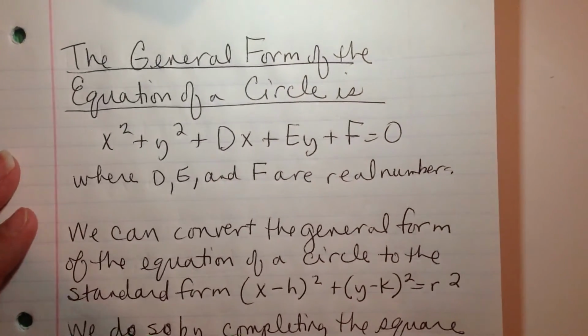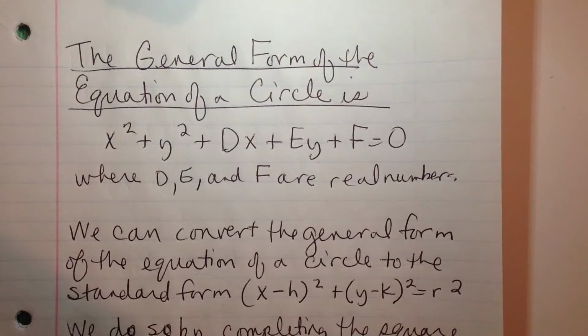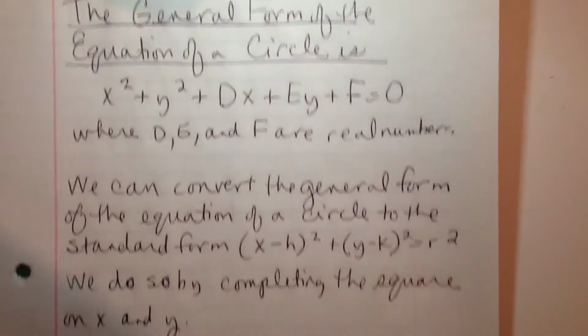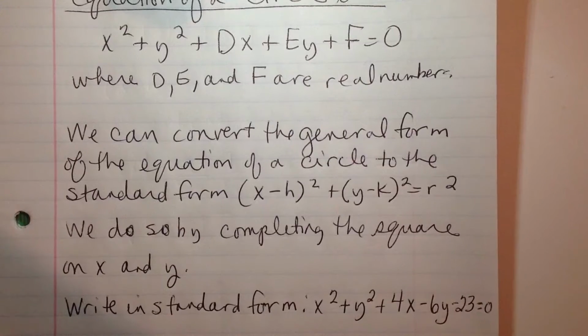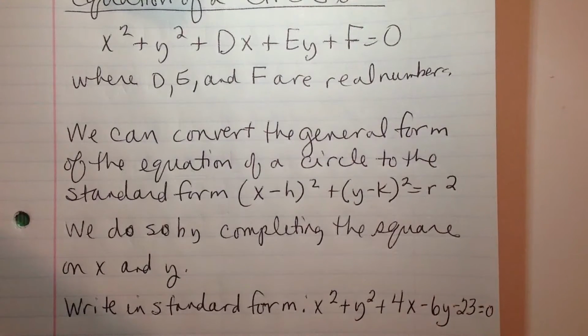Okay? All right, let's continue on. Let's talk about the general form of the equation of a circle: x² + y² + dx + ey + f = 0, where d, e, and f are real numbers. Now, we can convert the general form of an equation of a circle to standard form.